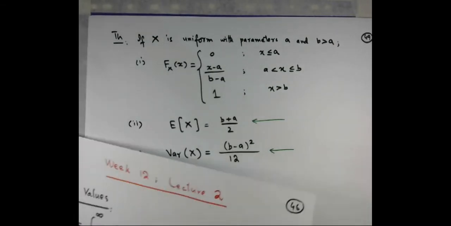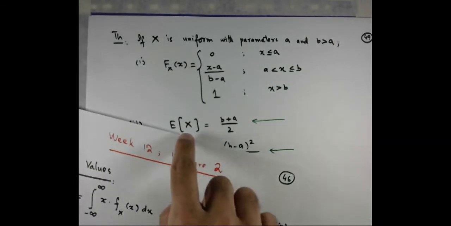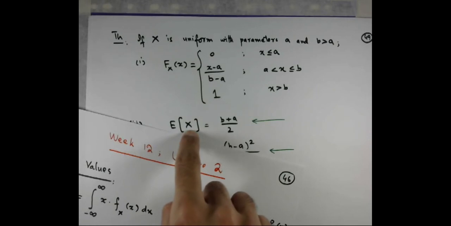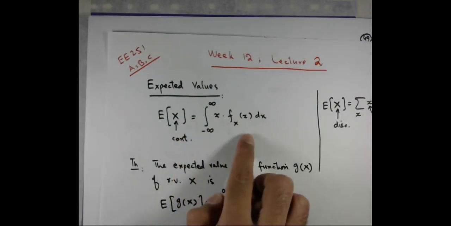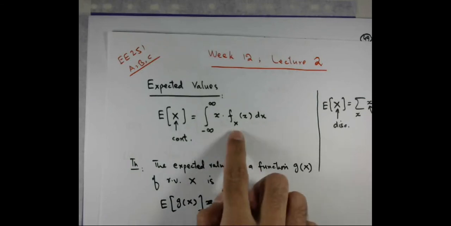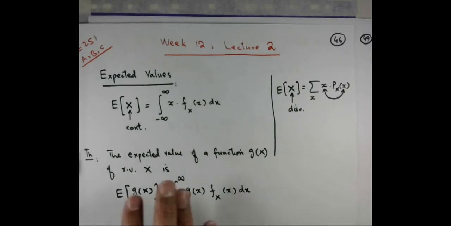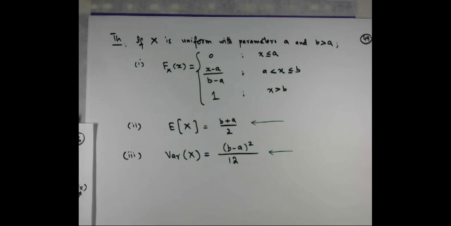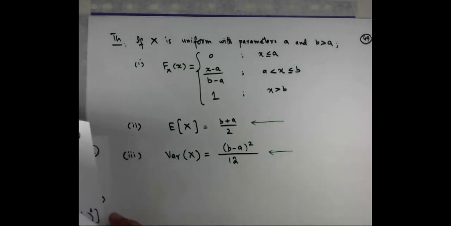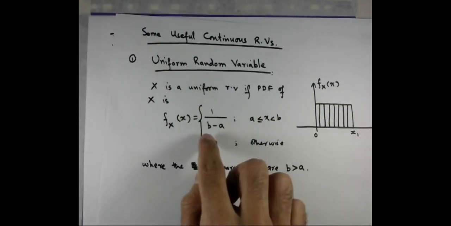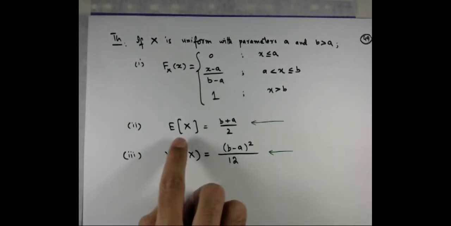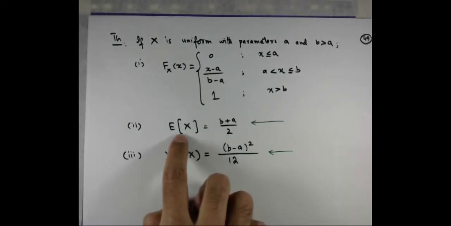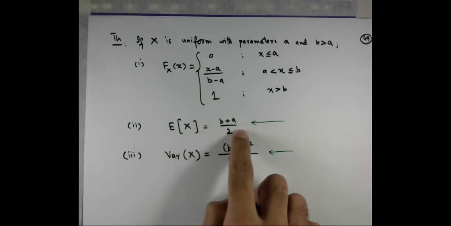The expectation of a continuous random variable X can be written as such, where this is the PDF. So if you use the PDF of a continuous random variable, which is this, you should be able to find how we can write the expectation of a continuous random variable as such.